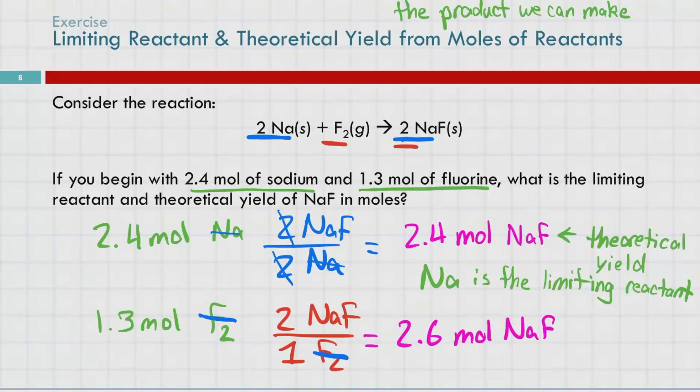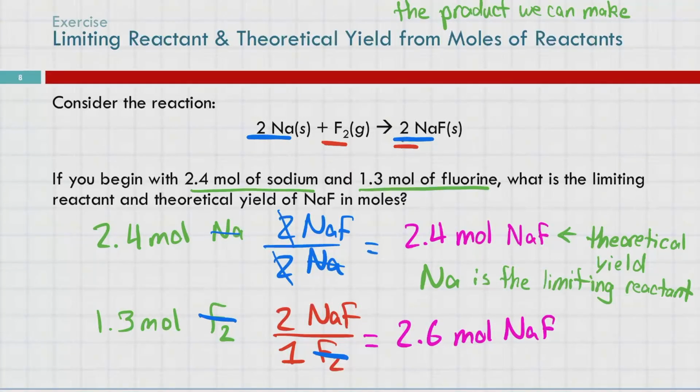For a lot of problems, we'll actually be going all the way through to grams at the end. You can always stop at moles without doing the extra multiply by molar mass to get to grams, because moles and grams go together.